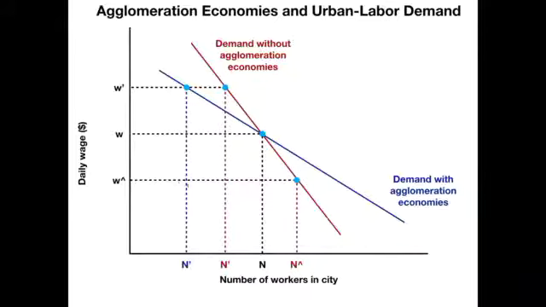If I continue to follow that new lower wage rate over, we finally hit the demand with agglomeration economies, and we can see that at that wage rate, the number of workers demanded with agglomeration economies is greater than without agglomeration economies.